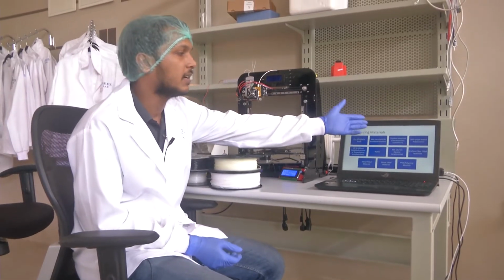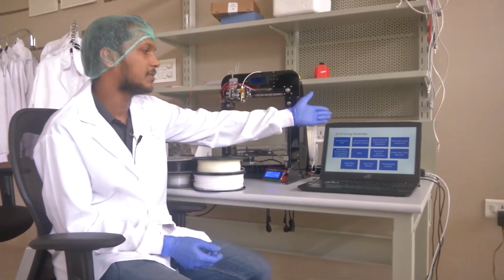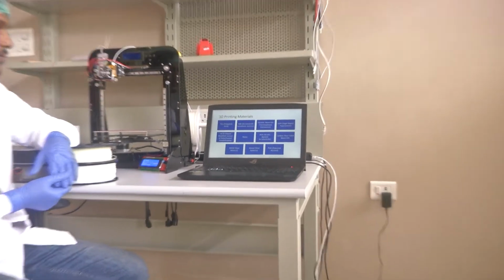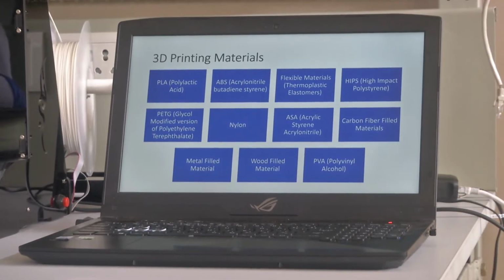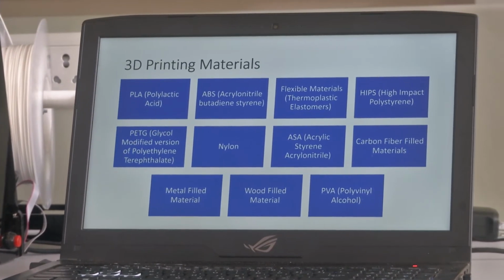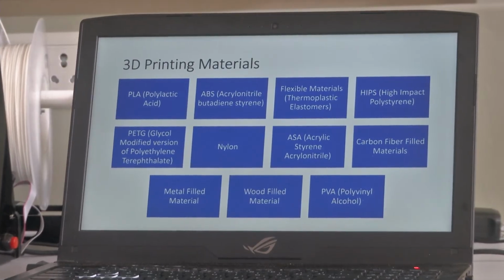Next is HIPS, that is high impact polystyrene. That material is mainly used along with ABS, or it can be used by itself.